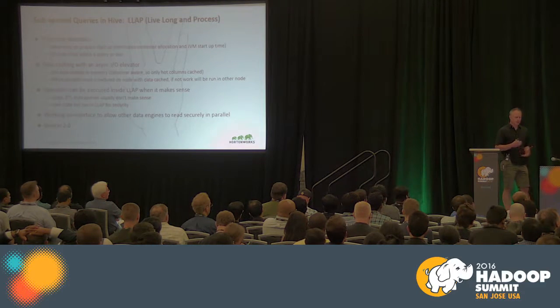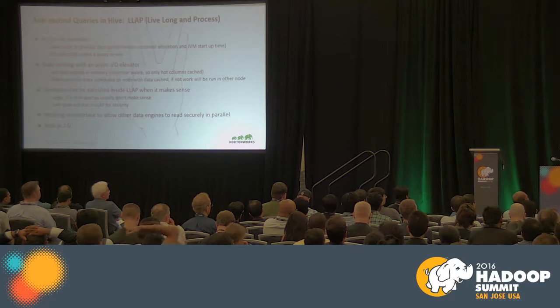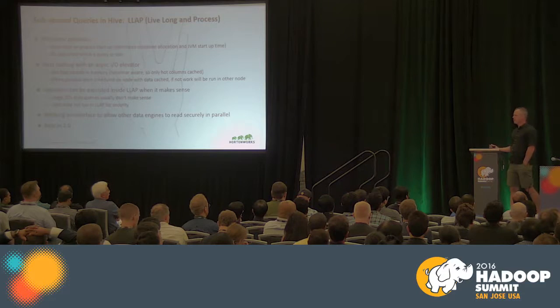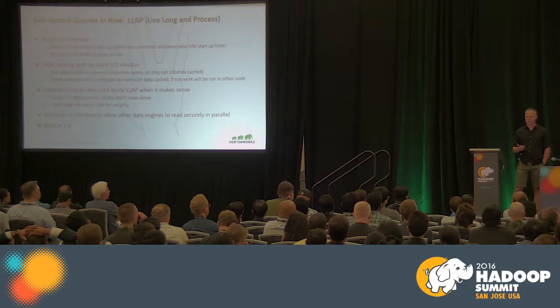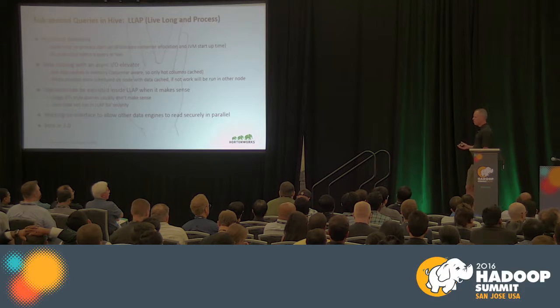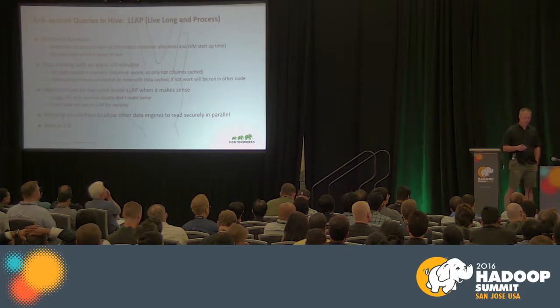If you're going to do a large ETL style query, or maybe say a fact-to-fact join, or something where you're going to be touching tons of data, one, the caches aren't going to tend to work well for you. And two, that's exactly the use case where Hadoop, more traditional Hadoop, shines. So we are not by any means saying that all queries will run in LLAP always. It's not always the right answer. Right? Sometimes it is, and sometimes it isn't.